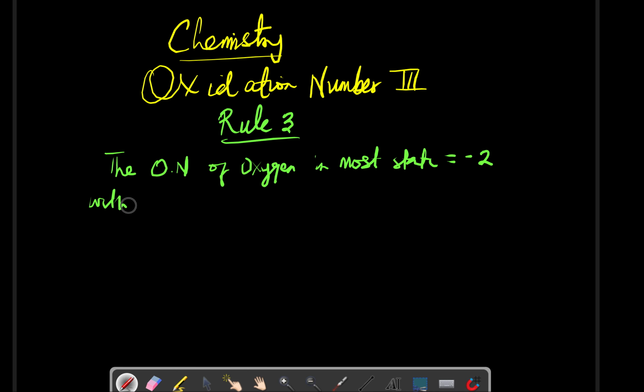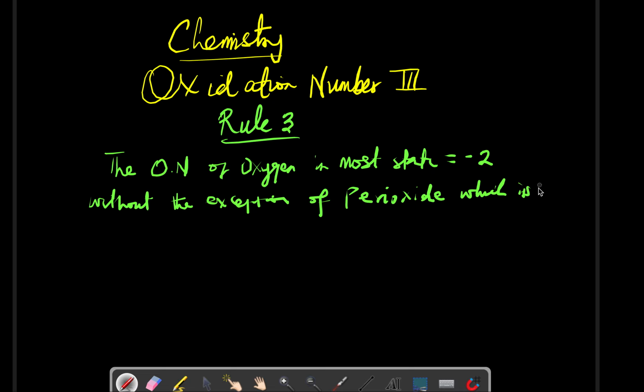Without the exception of peroxide, the oxidation number of oxygen is -2. So if it is not peroxide, just know that. Because the oxidation number of oxygen in peroxide is not -2, it is -1.